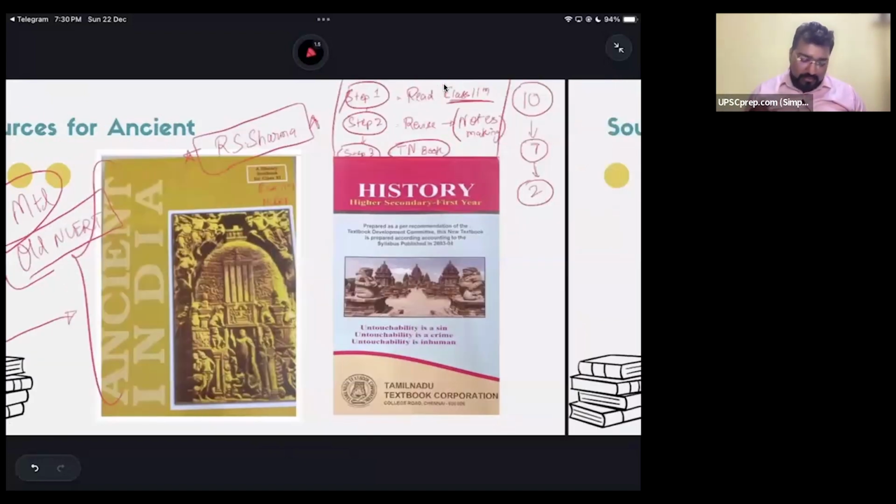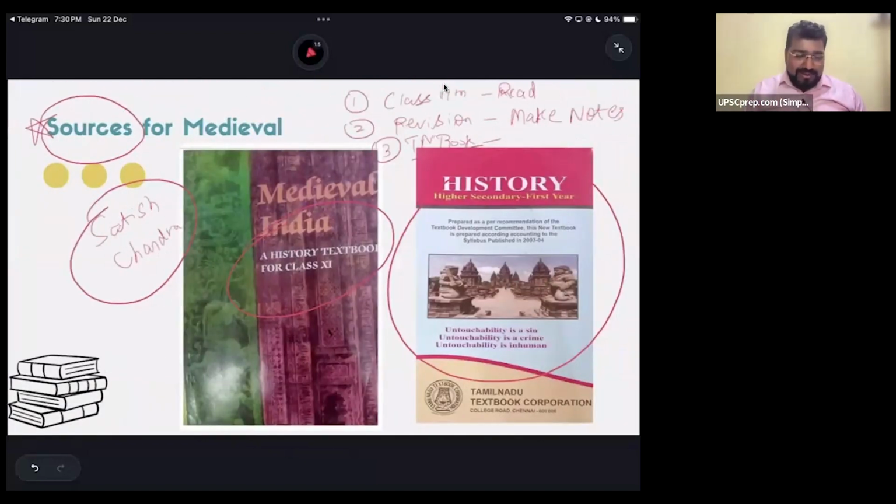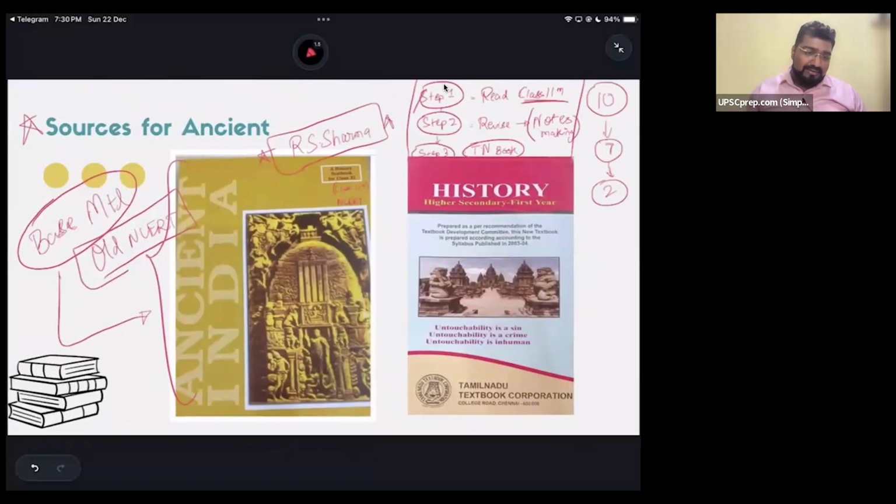Now we'll discuss the new NCERT, what you should read. Should you read the new NCERT? See guys, the new NCERT is not required. Why? Because whatever content is there in that particular book is from the point of view of a story kind of thing. Real questions are not asked from it. So read the old NCERT and read the Tamil Nadu book.